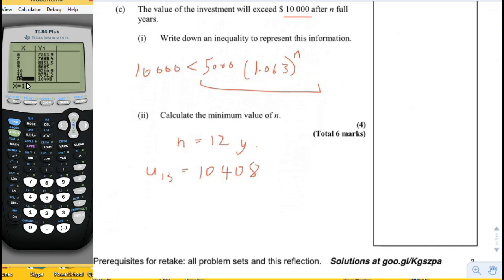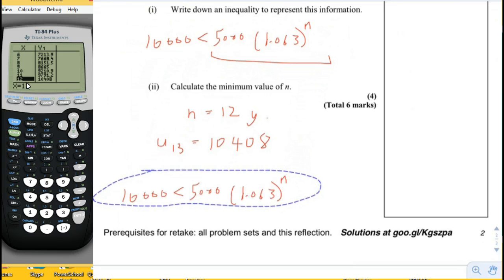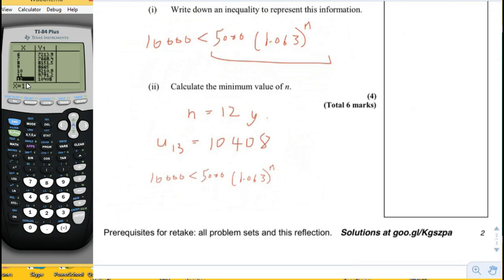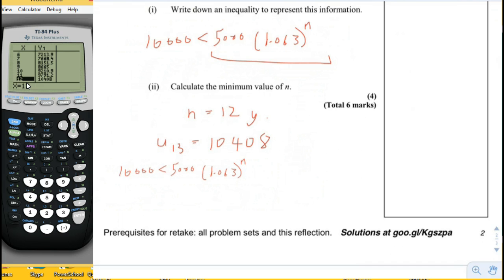Other way you could do that analytically would be logs. So let's say you start out with this here. Okay, actually, the first thing we can do is divide both sides by 5,000, right?